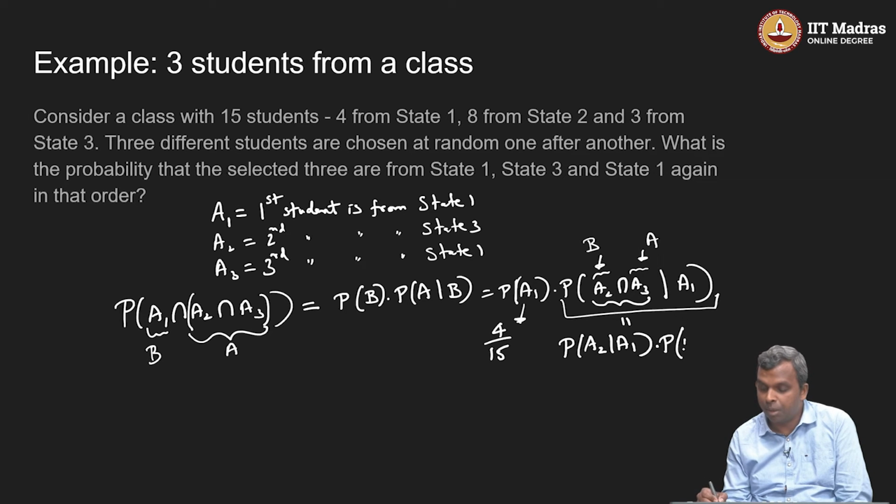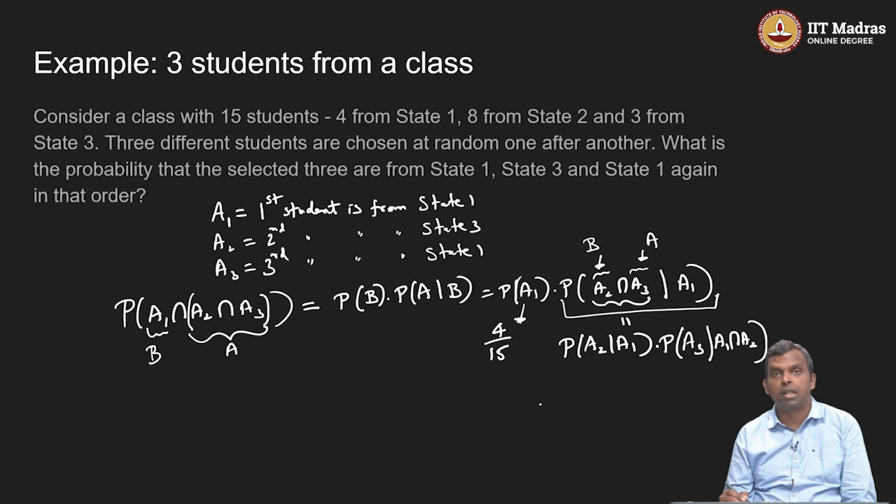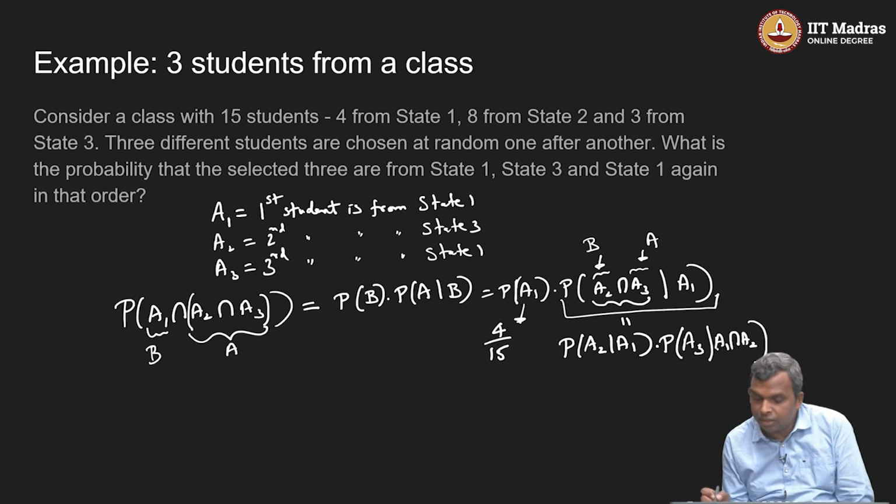Next, what do I do? After that, I can write probability of A3 conditioned on A2 should have already happened. A1 has already happened. A2 also should have already happened. So what you do there is A1 intersect A2. This is a little bit of a trick here. Notice what I'm doing. I'm in the initial probability space. I did the first round of conditioning, but then I found I still have an intersection going on, A2 intersect A3.